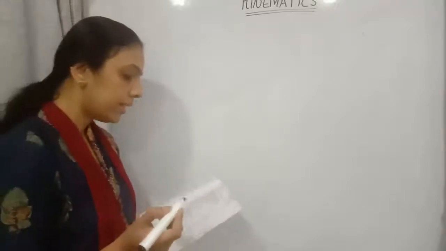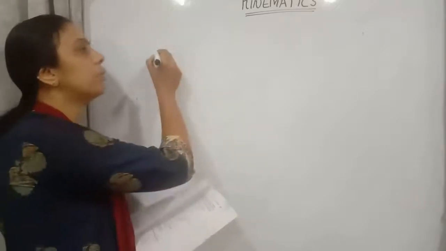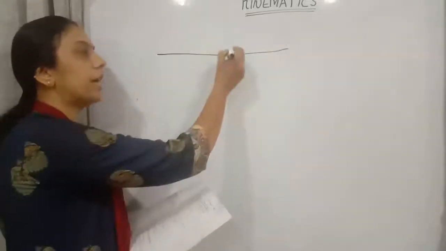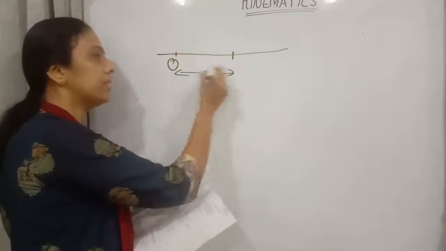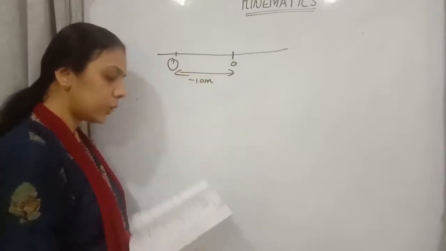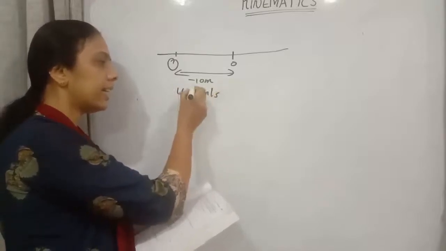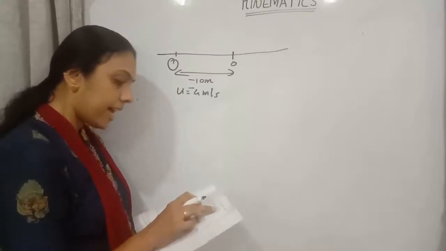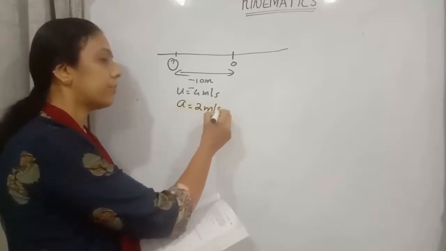So here two particles are moving along x-axis. Particle 1 starts from x equals minus 10. So this is the position of particle 1. This is the origin, this is minus 10 meter, with velocity 4 meter per second in the negative direction, and acceleration 2 meter per second square in the positive direction.